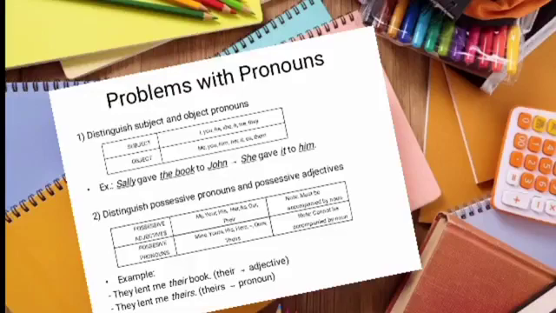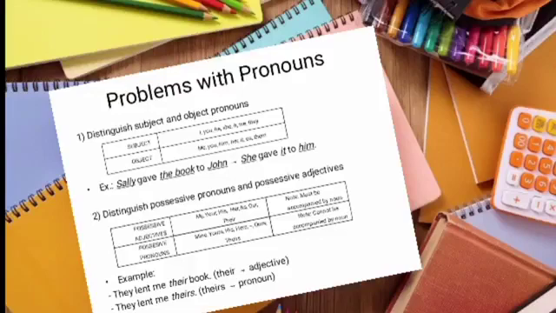We should also remember that the main difference between possessive adjectives and possessive pronouns is that possessive adjectives must be accompanied by a noun, meanwhile possessive pronouns cannot be accompanied by a noun.